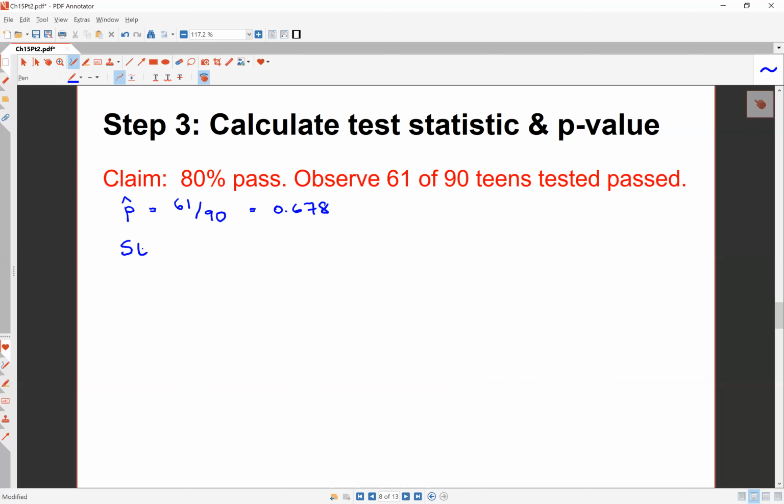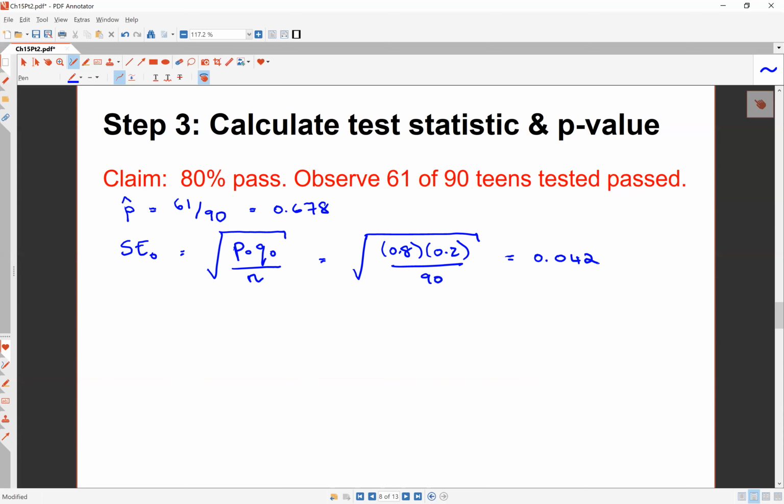The other quantity we need here is the SE0, the standard error calculated assuming the null hypothesis is true. So in this case, it'll be the square root of 0.8 times 0.2 divided by your sample size of 90. If you calculate this, you'll get 0.042.